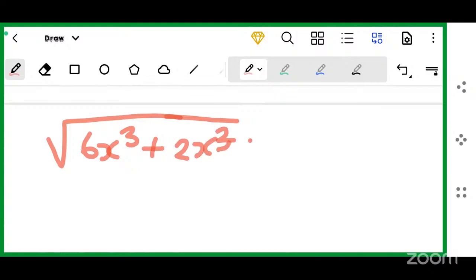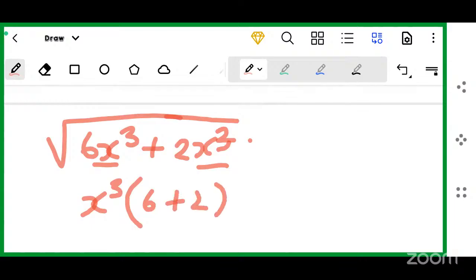So remember when we were dealing with that one, if we take out x to the power of 3, we're going to remain with 6 plus 2 there. And then you have your cube root there.